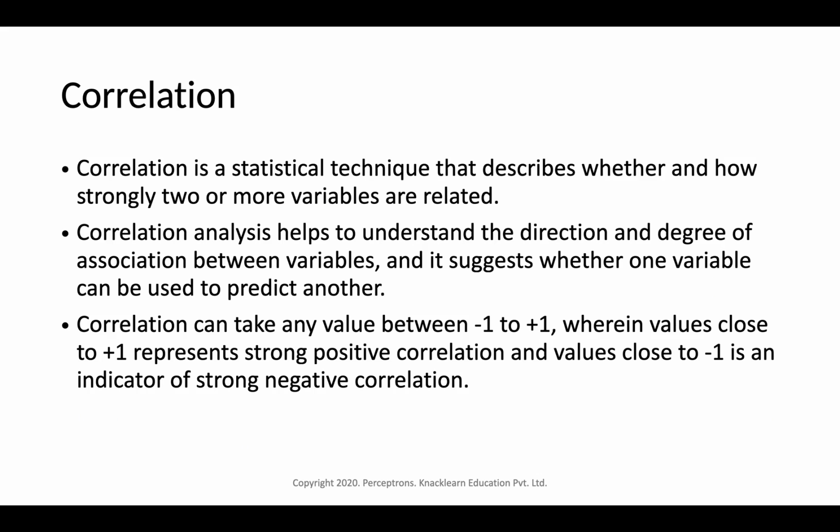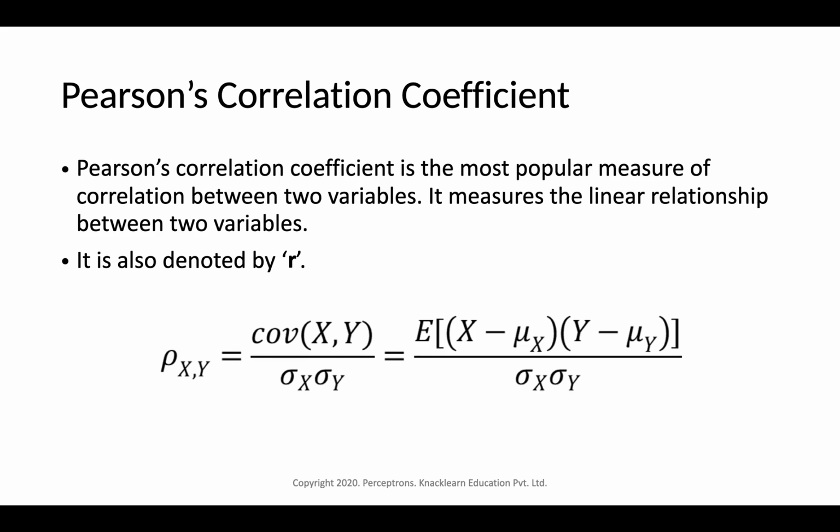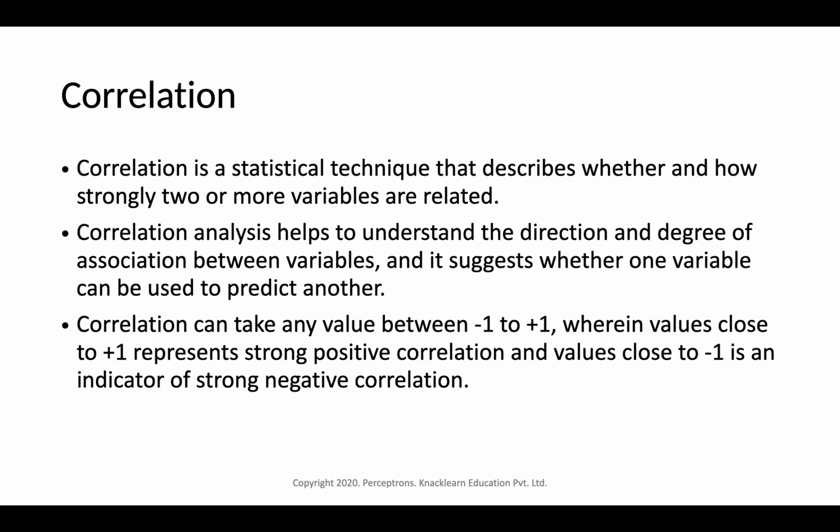Then we looked into correlation, which is a scaled and extended version of covariance. It tells how strongly two variables are related, and the value of correlation will be within -1 to +1, while the value of covariance will be -infinity to +infinity.